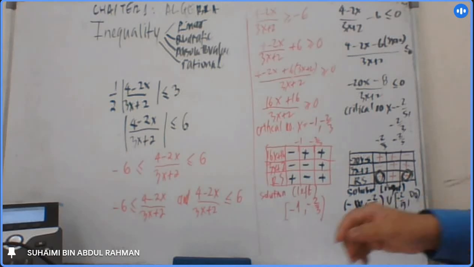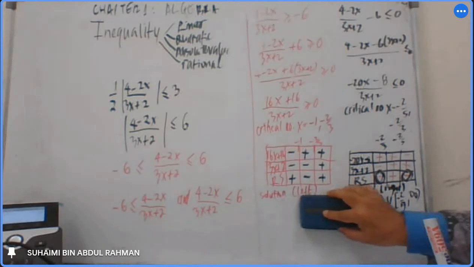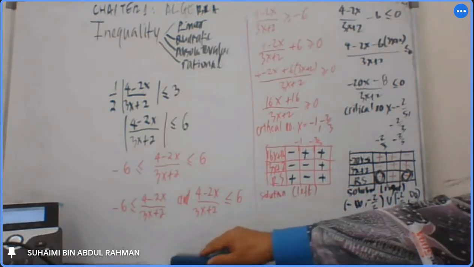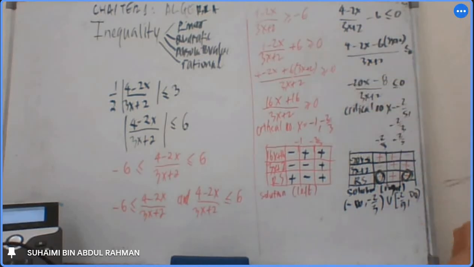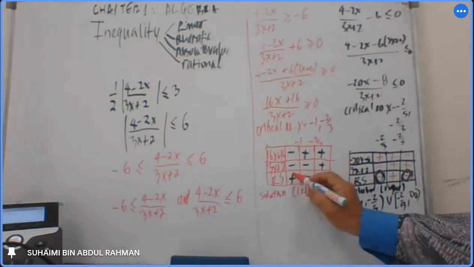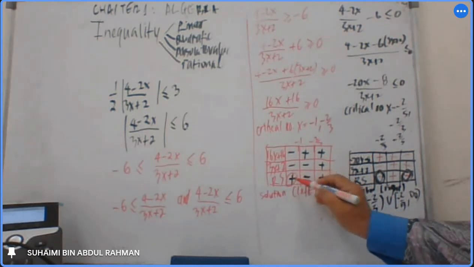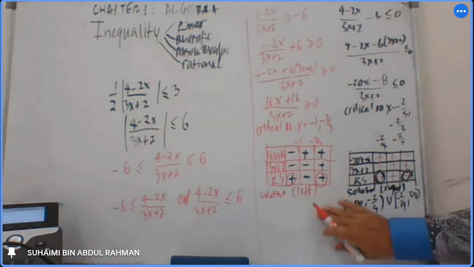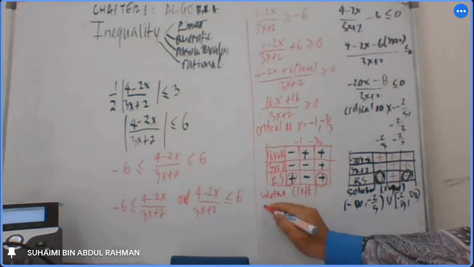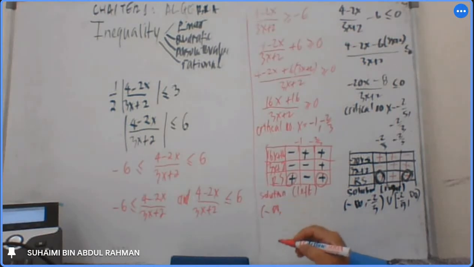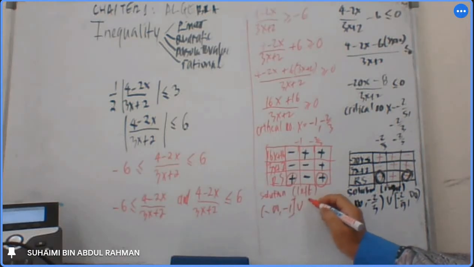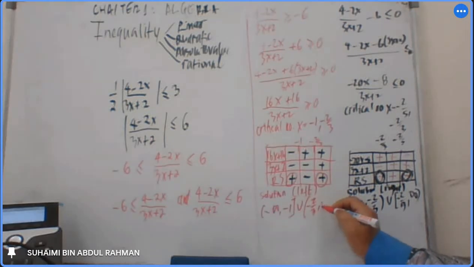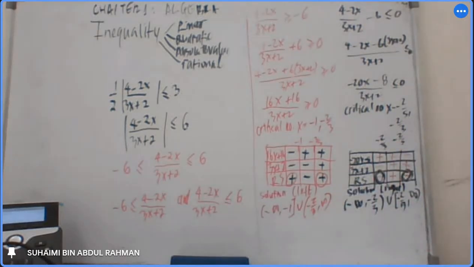So here I think it's wrong, because the sign is plus, so we have to choose plus. The solution is minus infinity until minus 1, union with minus 2 over 3 until infinity.